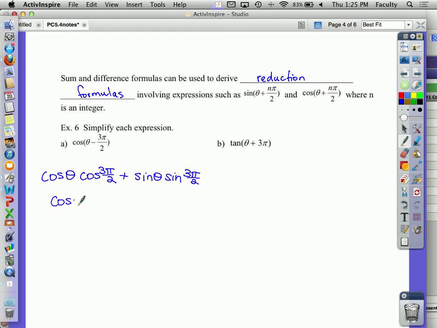So that's cosine theta times 0 plus sine theta times negative 1. This is 0 minus sine theta. So what's interesting is that the cosine of theta minus 3 pi over 2 is actually equivalent to negative sine theta. Okay?